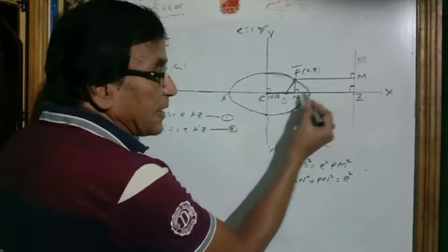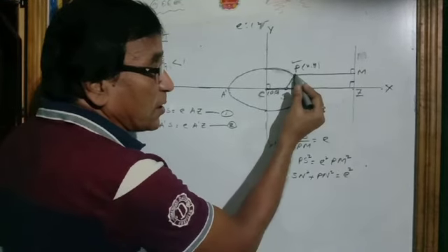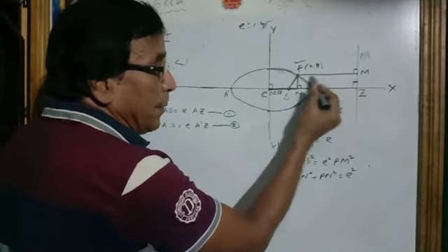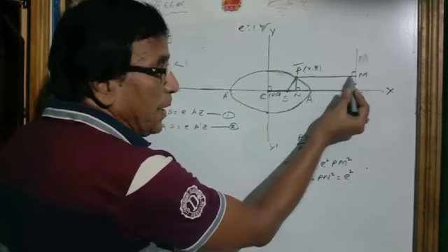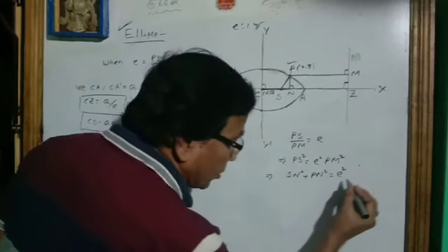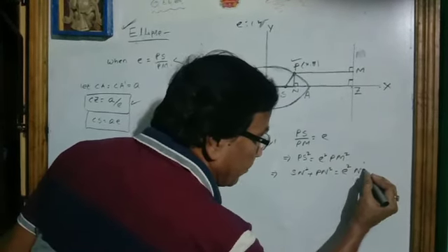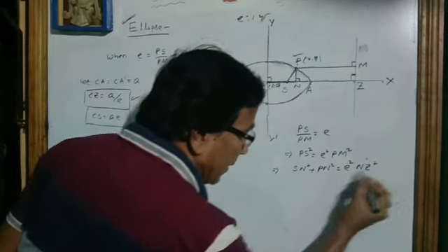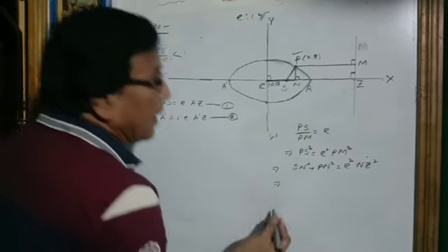PM square is again equal to NZ square, because PNZM is a rectangle. So PM square is equal to NZ square.